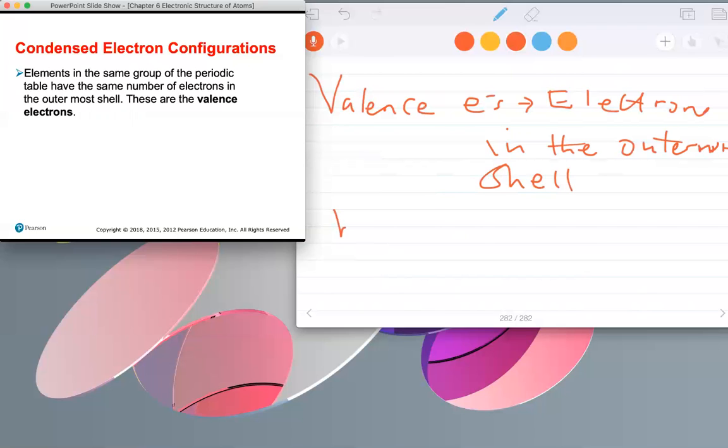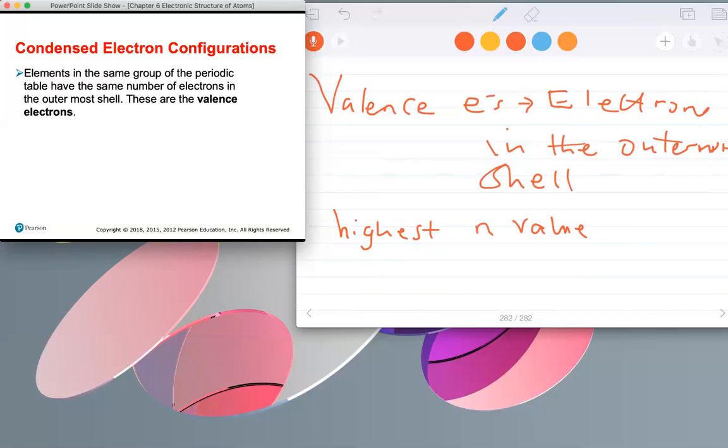You may say the highest electron in the highest n value, which is very easy for main group elements.